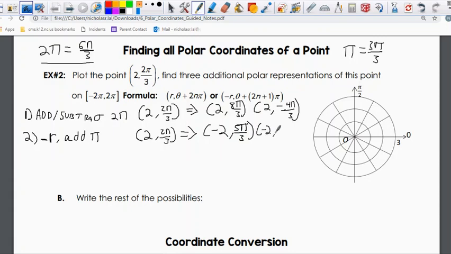Or negative 2, pi over 3 minus 3 pi over 3 is negative pi over 3. And so think about it. This is adding pi. You could subtract pi. But these are 1, 2, 3, 4 equivalent polar coordinates. And just as a note, there are infinite equivalent polar coordinates.